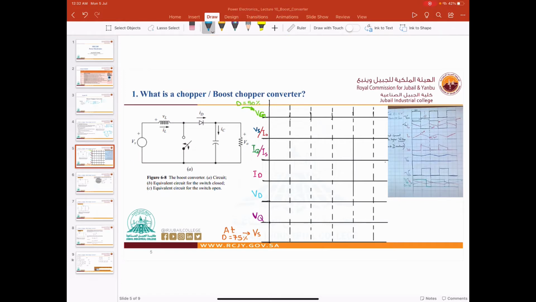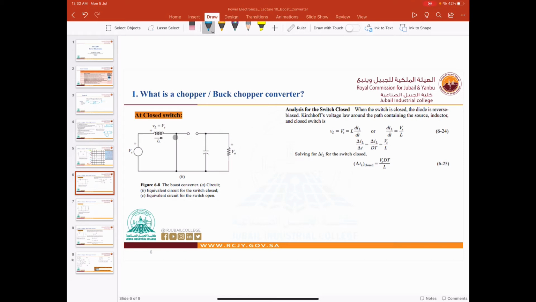Okay. Now we can go for the waveform, but let us do the analysis and reach our formula. Now this is when the switch is closed. Now here, يا شباب, is our switch. So the switch is closed. Now the diode here is open. Why is that? Because it is reverse biased. Now when the switch is closed, we have positive here.